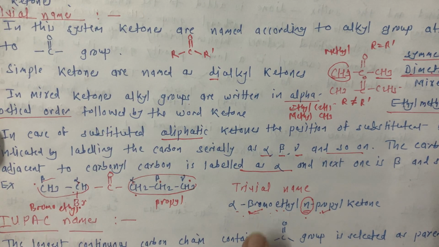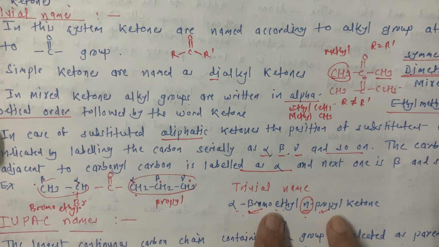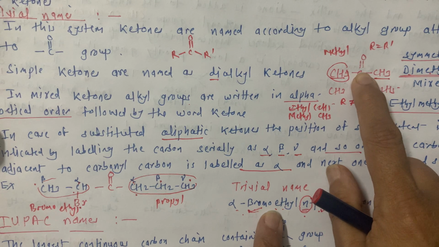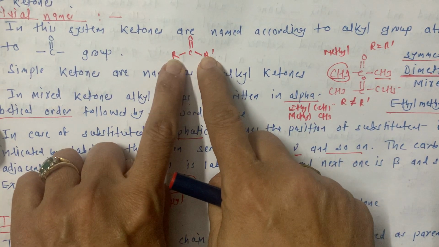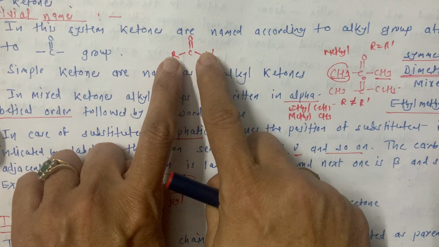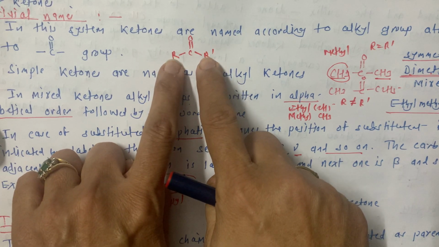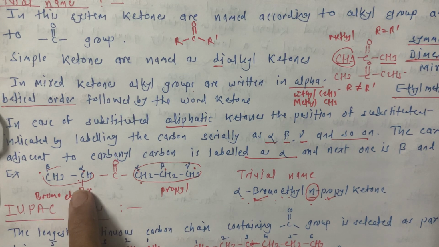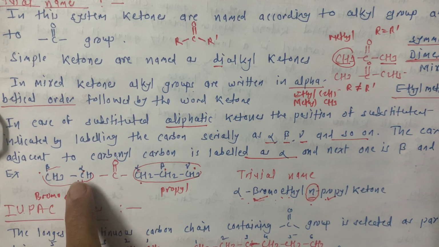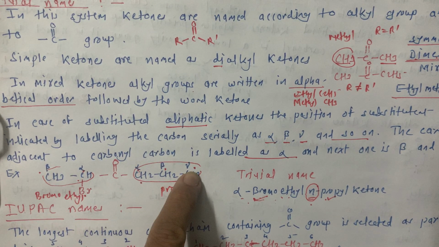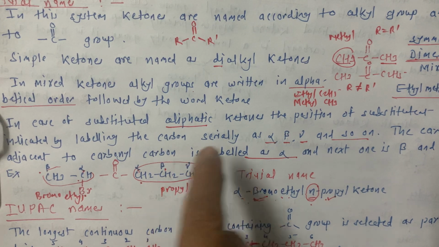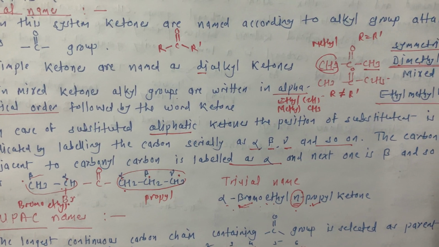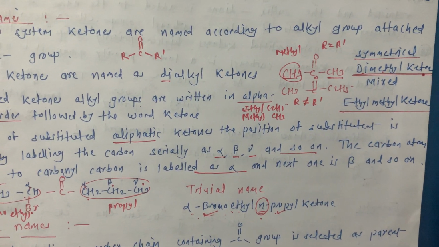But now here we have to consider the two alkyl groups which are attached to this carbonyl carbon, whether they are simple or whether they are mixed. And if more substituents are there, then you have to mention them by alpha, beta, gamma. Is that clear? That's why this is different from the previous one. So we make another write-up for this.